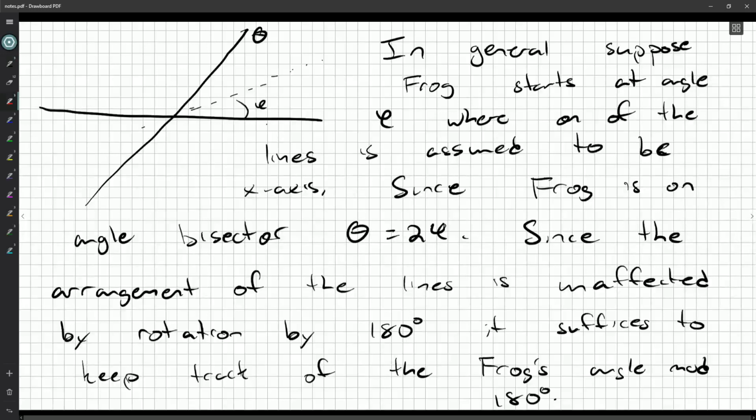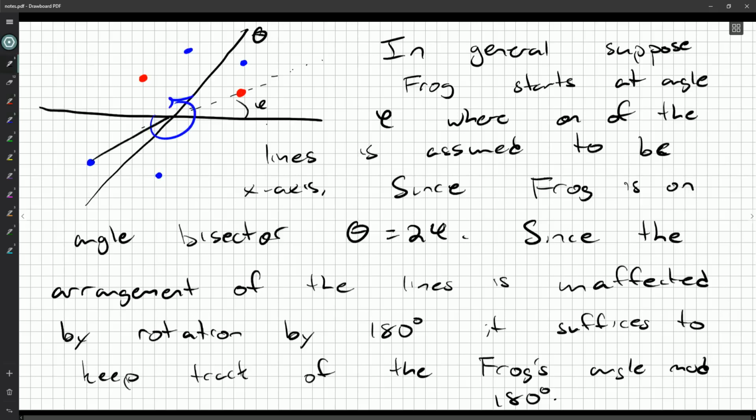So, sort of what I'm trying to say here, and you might disagree as to whether or not I've expressed it properly, in which case you would want more writing or less writing. But the frog being here and then hopping over to here, well, if the frog were down here and hopped over to here, that's basically the same as if the frog were up here and then hopped over here. Just we've rotated by 180 degrees. Okay?